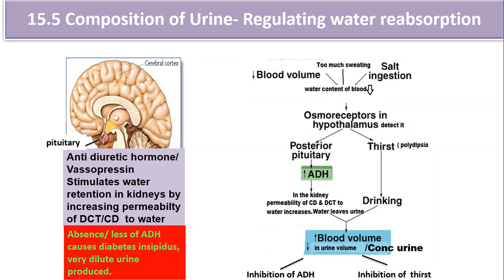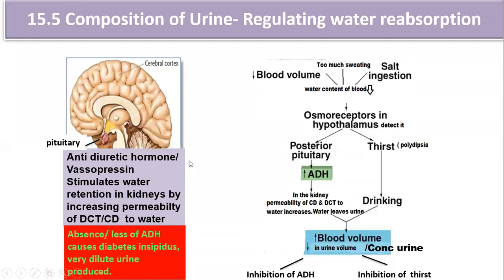Therefore, it is also called vasopressin: vaso is blood vessel, pressin is to press. So antidiuretic hormone, also known as vasopressin, stimulates water retention in the kidney by increasing the permeability of the DCT or CD, that is the distal convoluted tubule or collecting duct, to water.